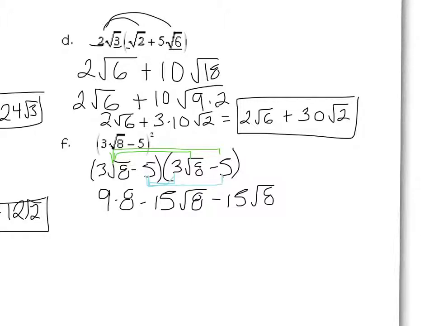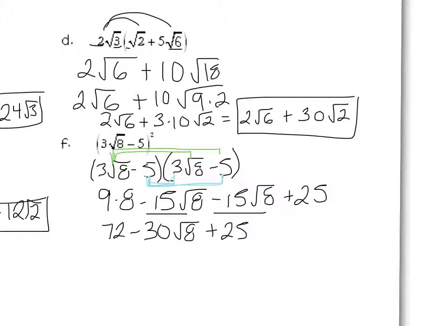And negative 5 times negative 5 is a positive 25. 9 times 8 is 72. 15 and a 15, both negative, gives you a negative 30 square roots of 8 plus 25. Okay, 72 and 25 will give you 97. Minus 30 square roots of 8, which is 4 times 2.